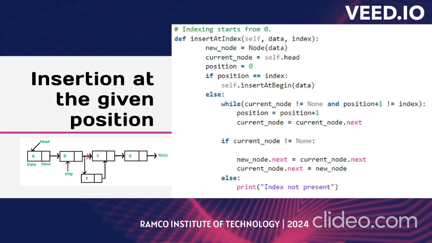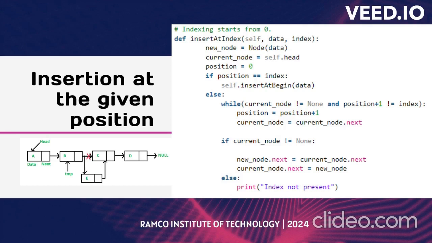For that I'm using a while loop: while current node is not equal to None and position plus 1 is not equal to index. Why am I using position plus 1? For inserting an element we don't need the node at that index, we only need the node previous to the mentioned index.